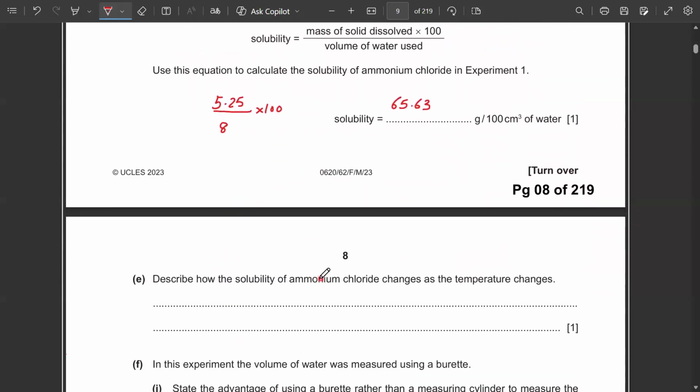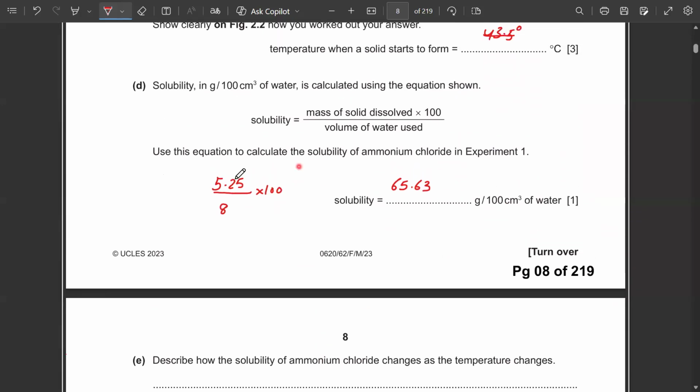So how does the solubility change as the temperature changes? Solubility, as mentioned here, is mass divided by volume. So if you are adding more distilled water, the volume of the water will increase. So as a result, the overall value for the solubility will decrease.